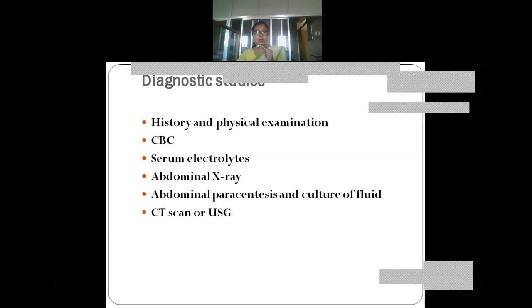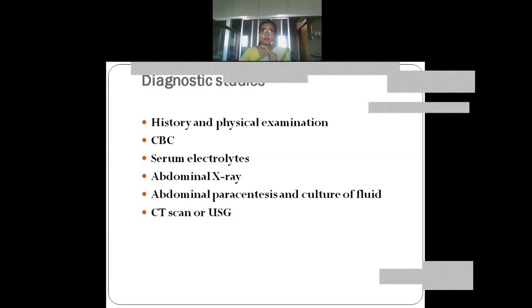And then abdominal paracentesis and culture of the fluid. Paracentesis means removal of fluid from the peritoneal cavity. When there is ascites, there is accumulation of fluid in the peritoneal cavity, but we don't need that fluid.